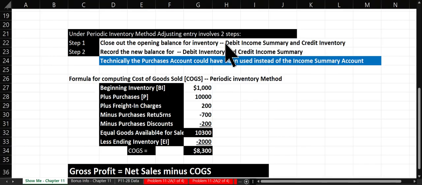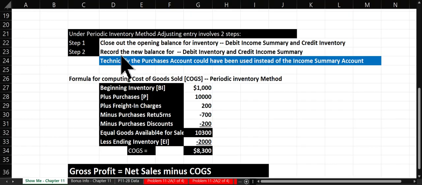And so we will do that by debiting a special temporary account called income summary, and we credit inventory. Remember, inventory is an asset, so if we credit, that will decrease it or make the balance equal to zero if we record an amount equal to the debit balance in the account.